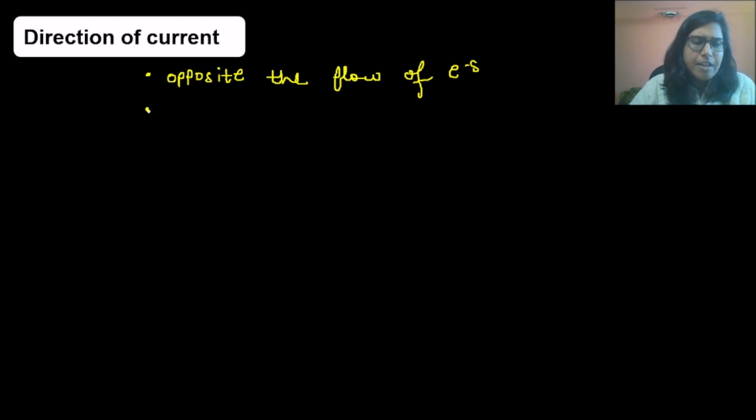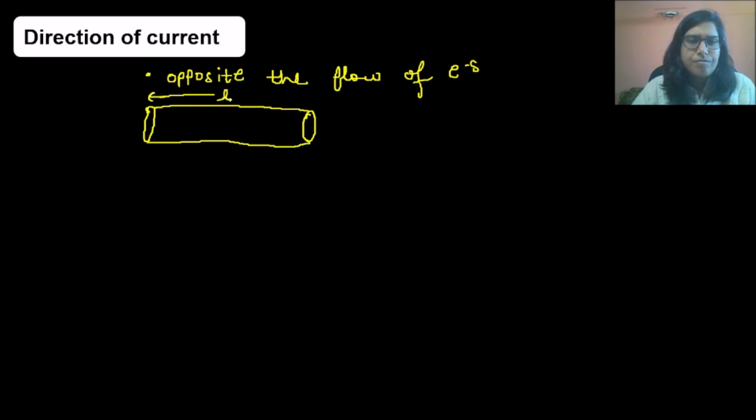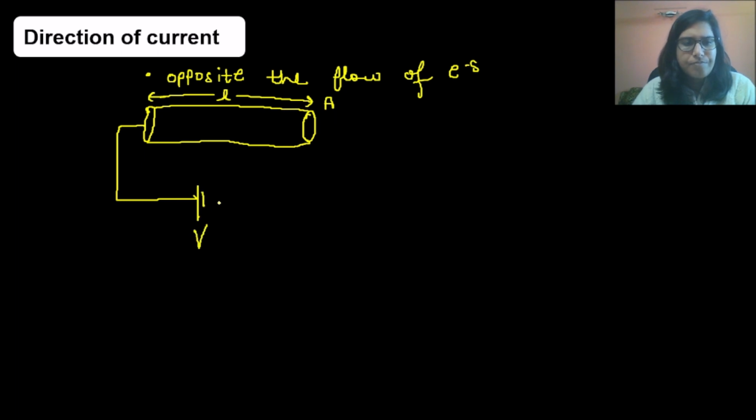Now suppose this is the cross section of a wire which length is L and cross section area is A. Now if we apply a voltage across this wire, suppose we apply V volt like this, right?